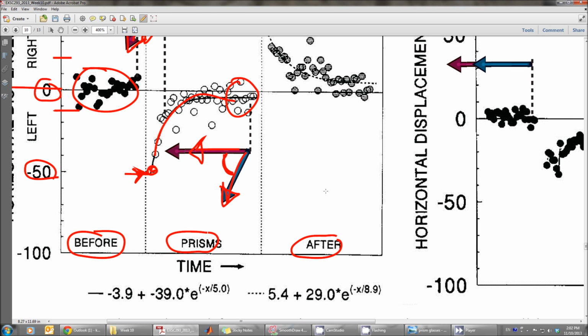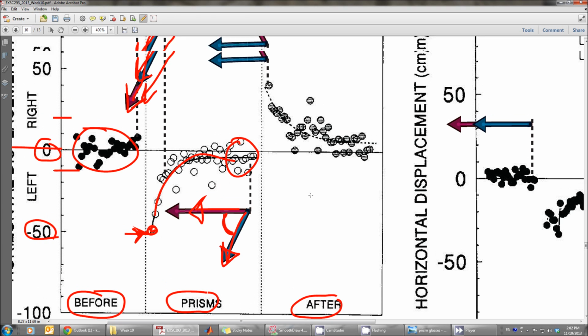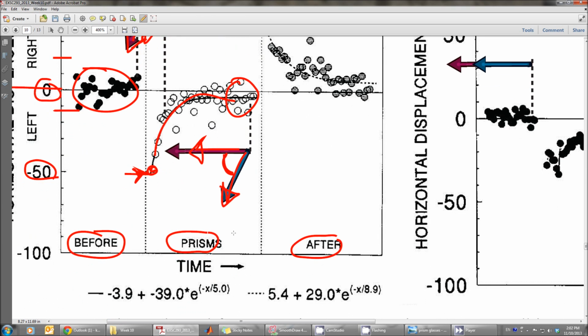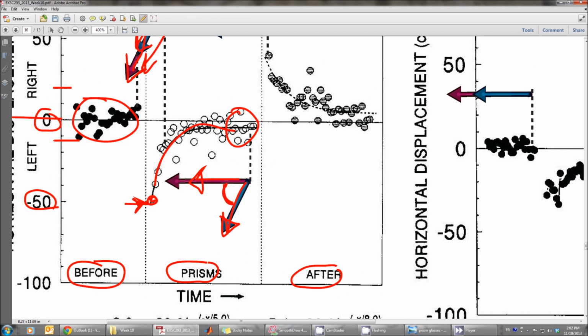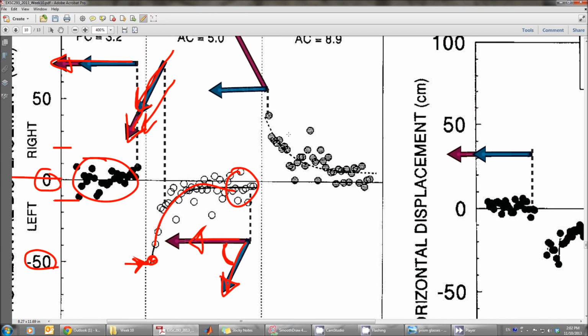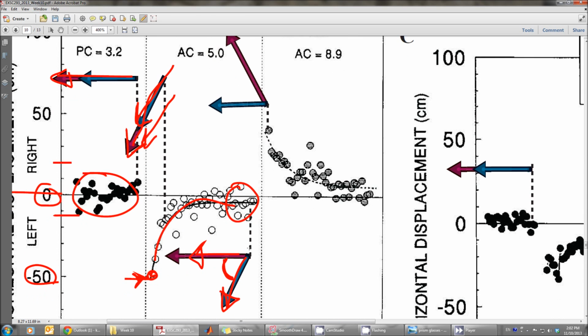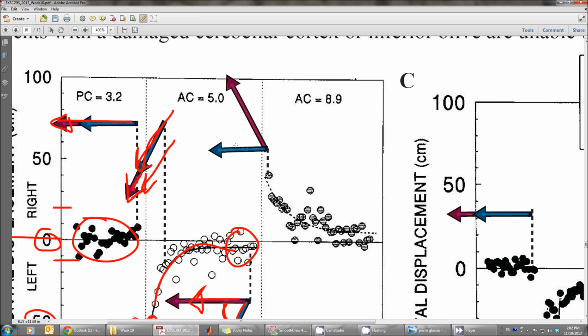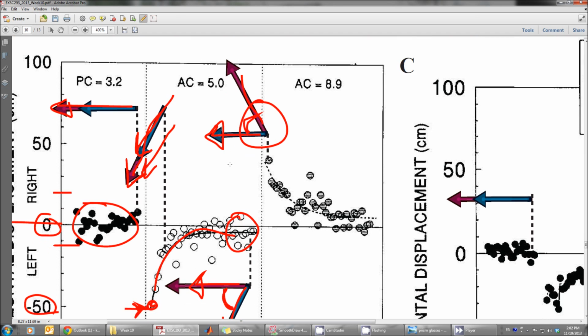What's interesting is that if the subject takes off their glasses, they don't normally go straight back to the normal state. They maintain this learned relationship, which is this angle. So they will see the target straight, but they will throw the ball to the right because they learned this angle will lead the ball to the target.